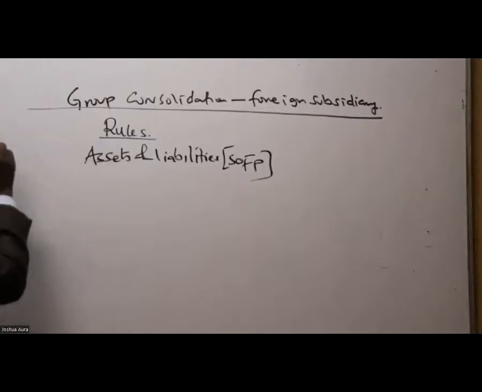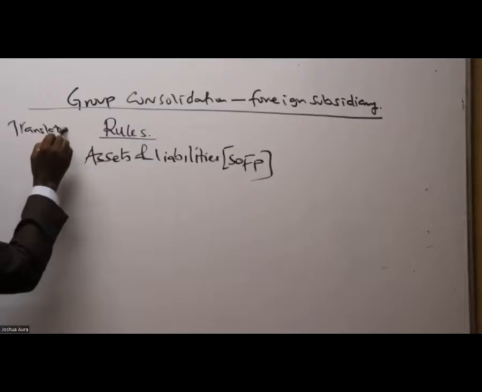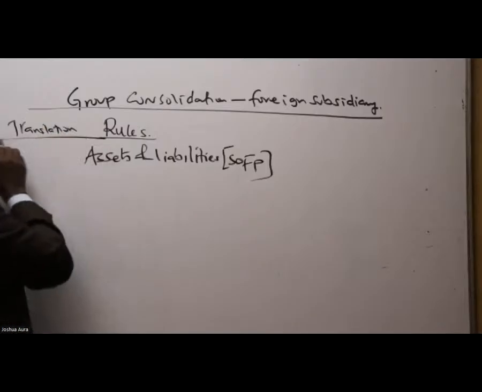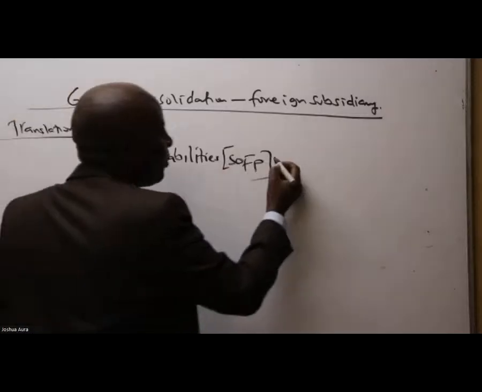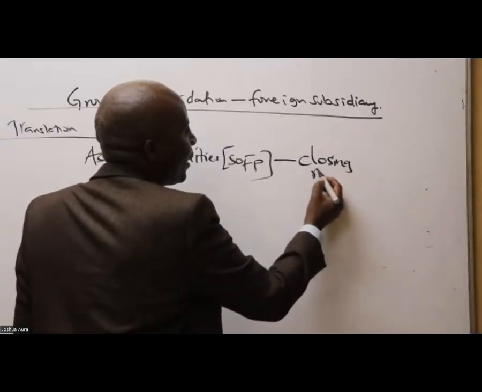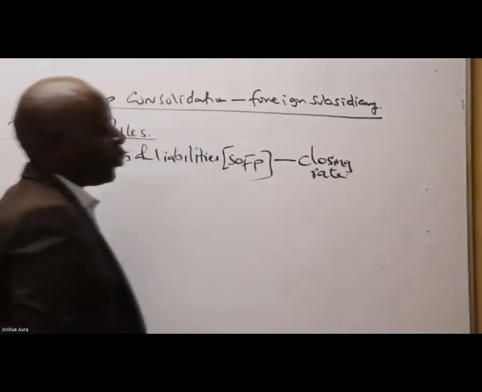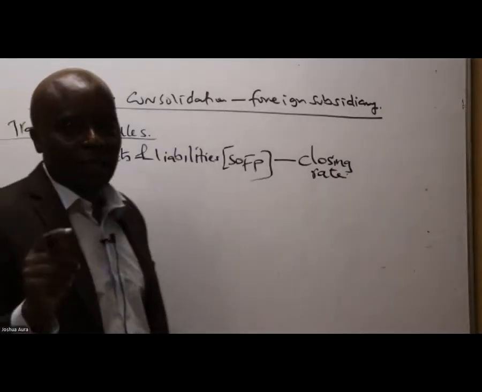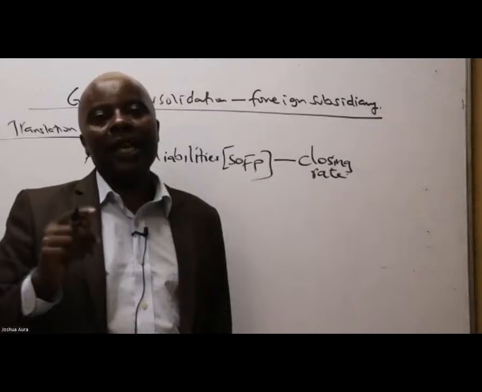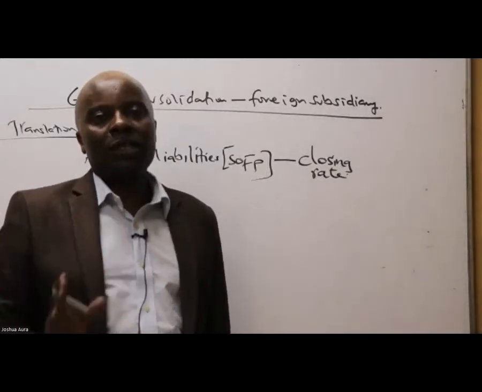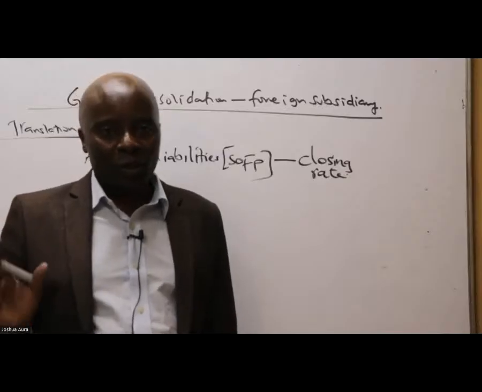So assets and liabilities, we shall always be translating them at the closing rate. Closing rate is the rate which exists at the end of the financial reporting period. End of the year, closing rate.